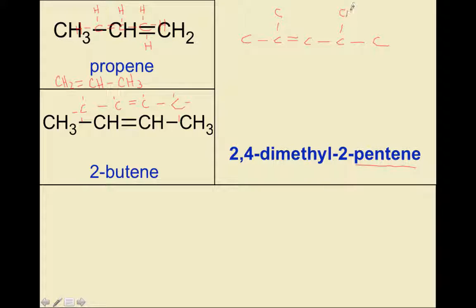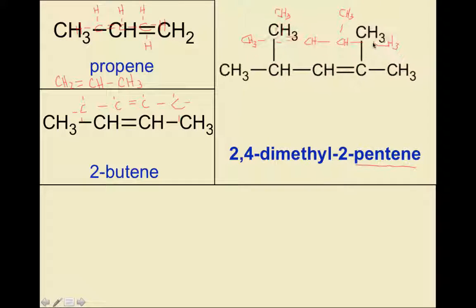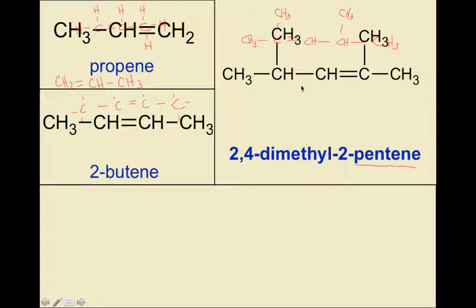So if I add my hydrogens, I have a CH3, CH3, CH3. This will not have any H's because I have 2, 4, 6, 8 electrons around it. CH, CH, CH3. And they put their double bond on the second carbon from this end. Either way is just fine.